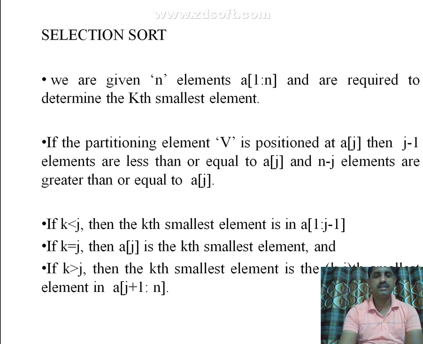If k less than j, then the kth smallest element is in e of 1 to j minus 1. If k equal to j, then e of j is the kth smallest element, and if k greater than j, then the kth smallest element is the (k minus j)th smallest element in e of j plus 1 to n. Okay.